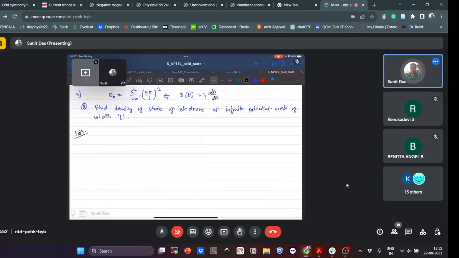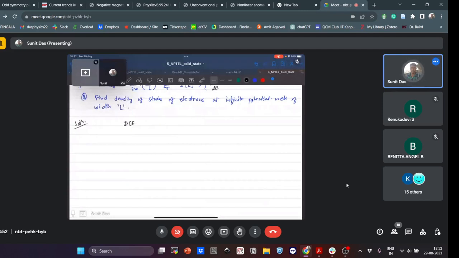So let me solve it. Even if you solve, it will be difficult to put out the answer. So we need to find out the density of states at energy E, which is dN dE. dN is the number of electrons here at an energy window dE.